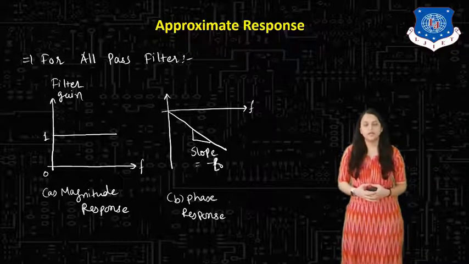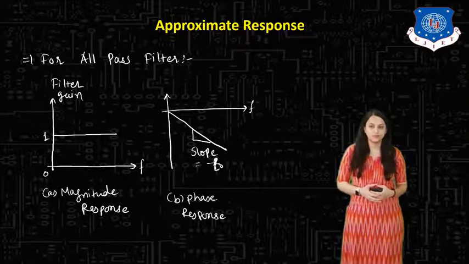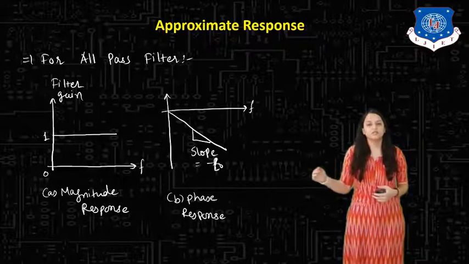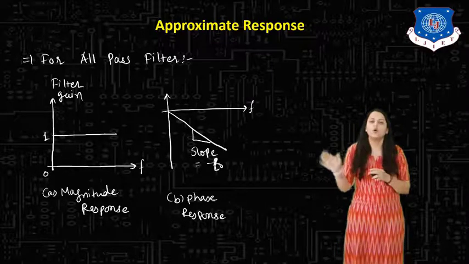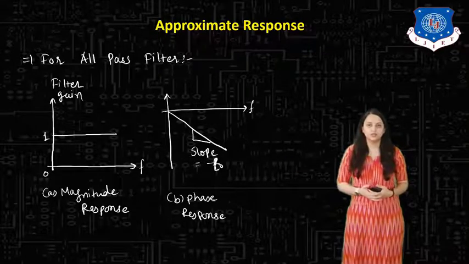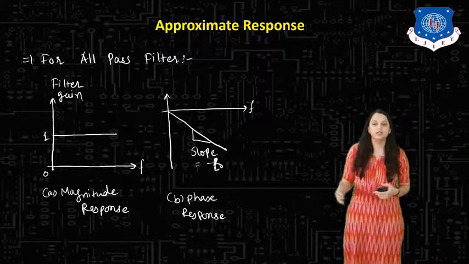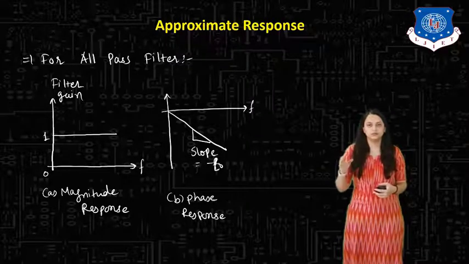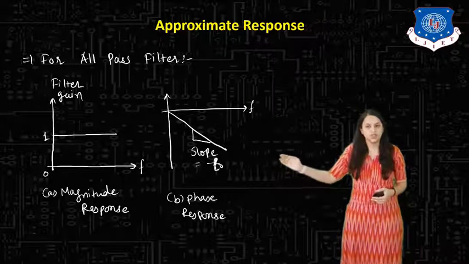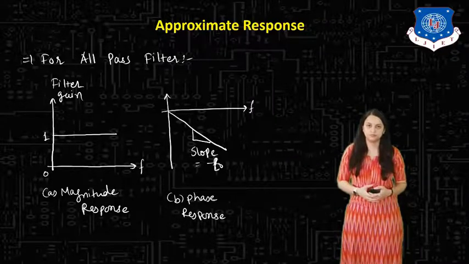The first figure A indicates the magnitude response, where the filter gain is given, which is ideal. As it is a low pass filter, all frequencies are allowed to pass, so the filter gain is 1 in the ideal case, but practically it is not the same for all instances. This is the phase response having the slope minus T0.